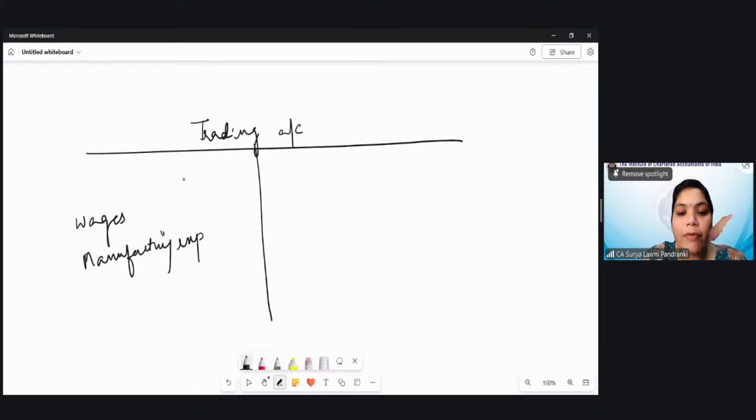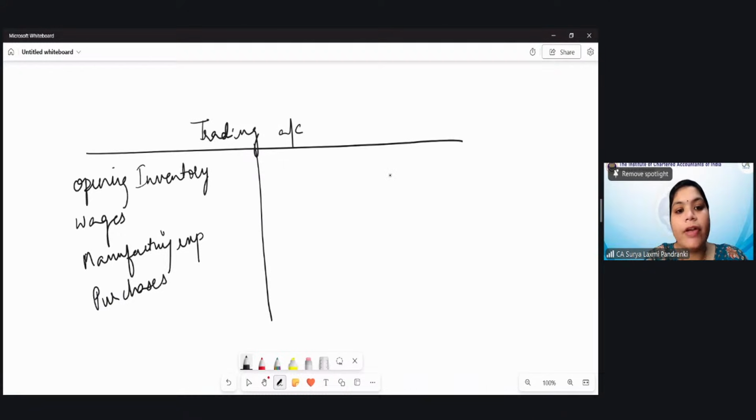You're not telling me the main one. What is the main one? Ma'am, purchases, sales, purchase returns, sales returns, opening stock, closing stock, inventory. Where does closing stock come, by the way? Credit side, ma'am, by closing stock. Okay, correct.